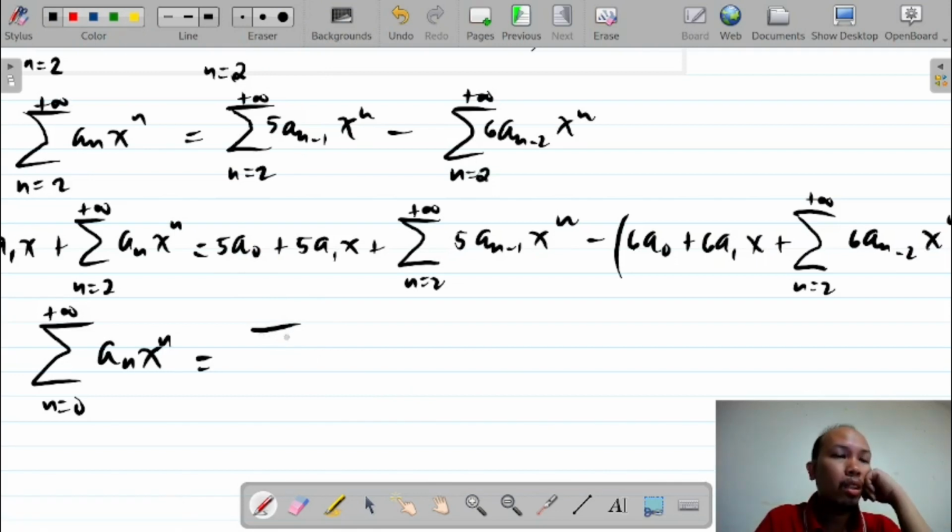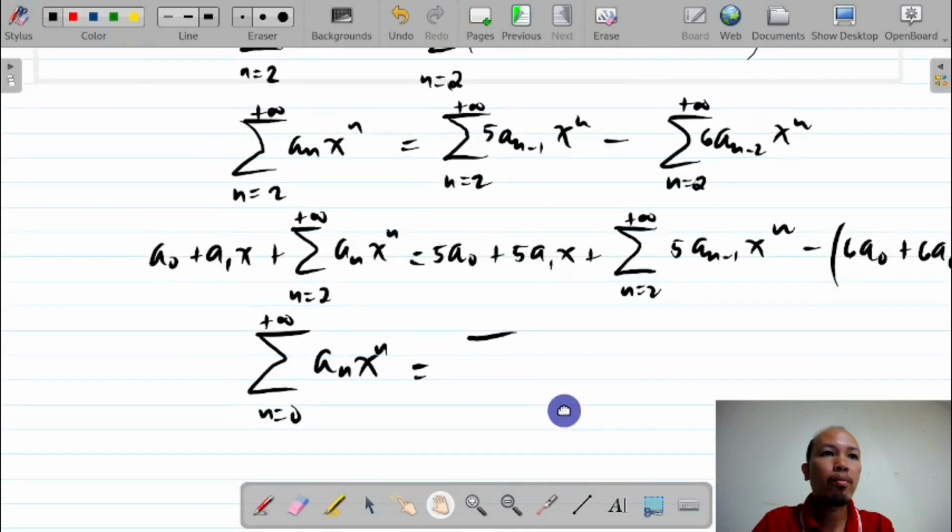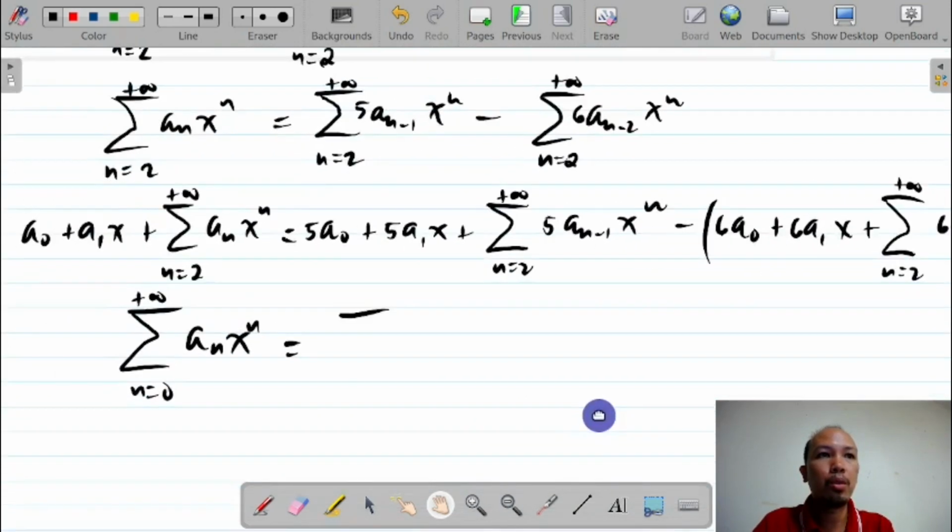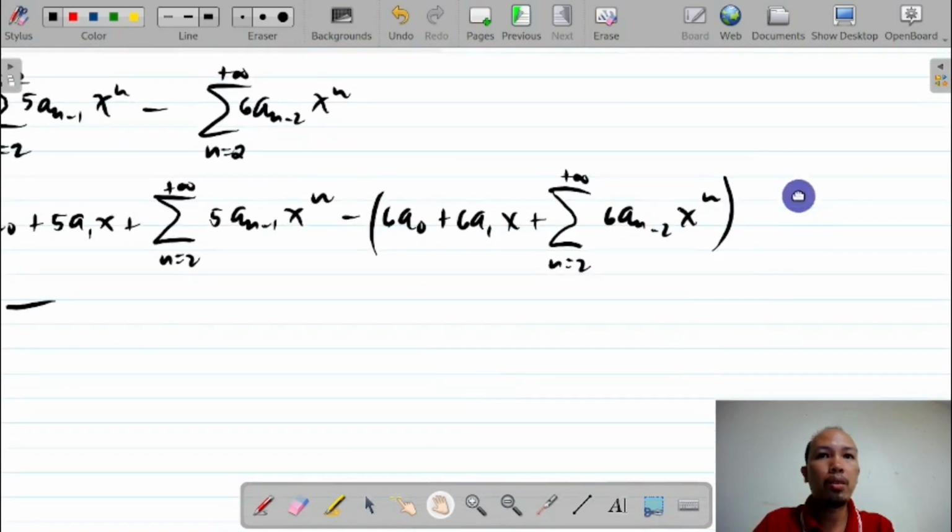Notice that we add, okay, remember that we add both sides. We add a sub 0 here and a sub 1, so therefore we have to add also somewhere here, plus a sub 0 and a sub 1 x.